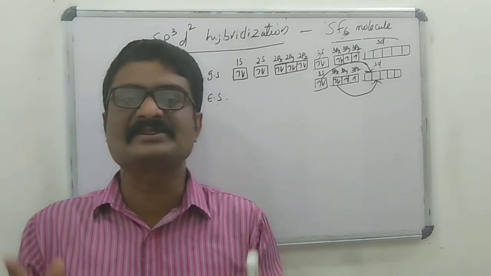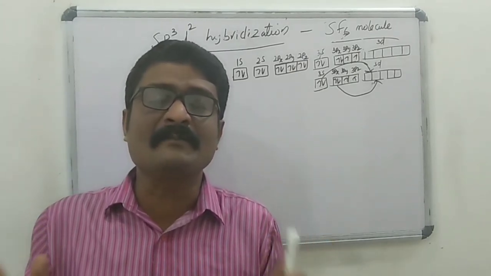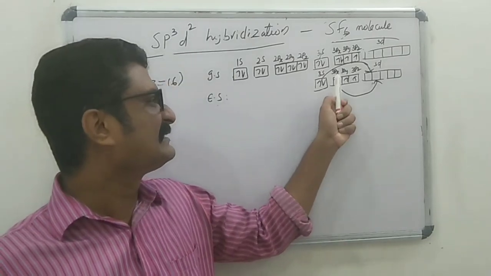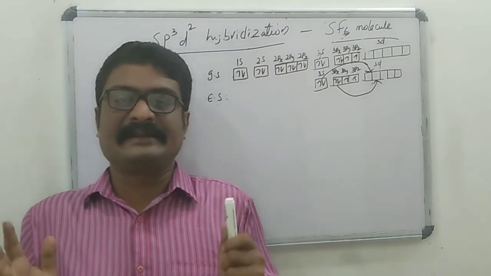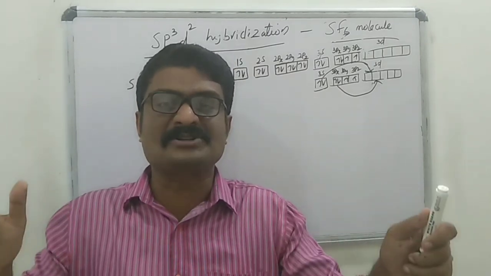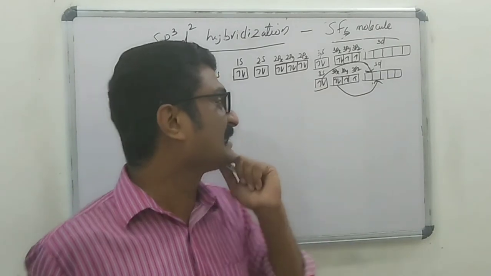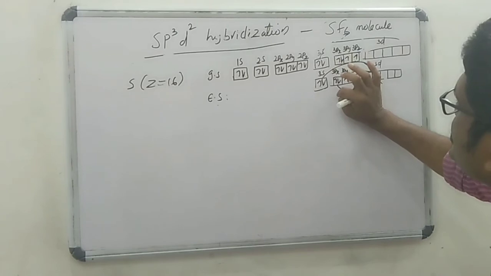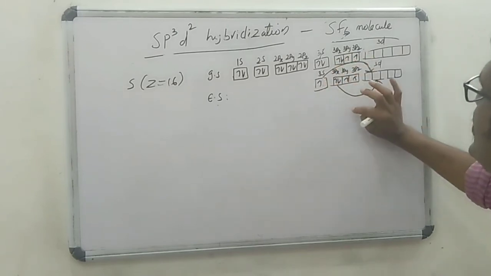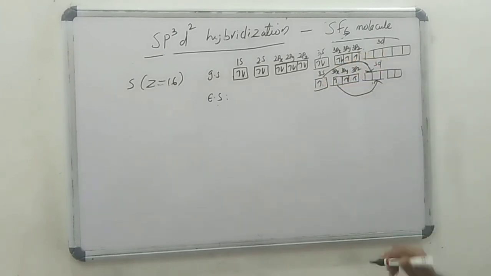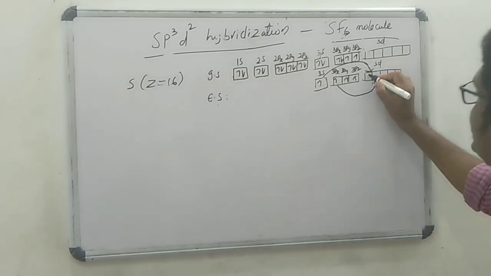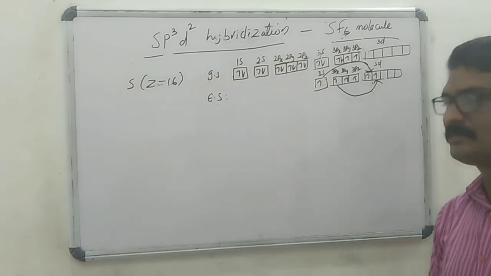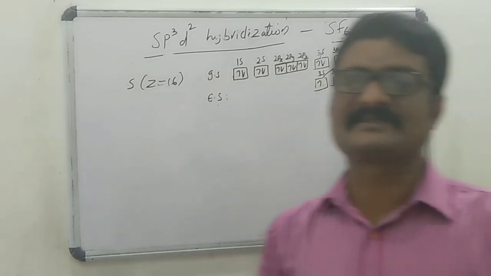In the excited state, one electron each from 3s and 3p orbitals is promoted to the vacant 3d orbitals. Then this 3s orbital becomes half-filled, 3px orbital becomes half-filled, then these two 3d orbitals also become half-filled. Yes.